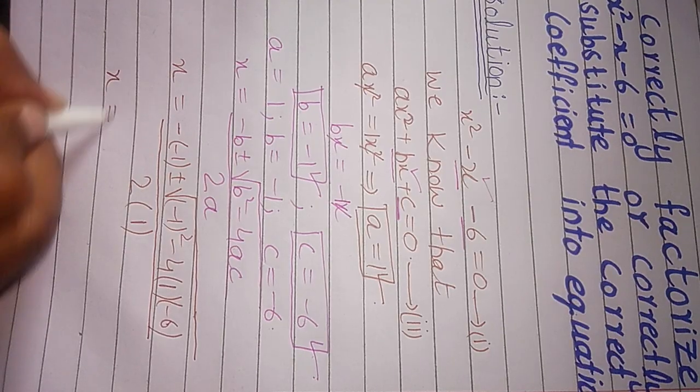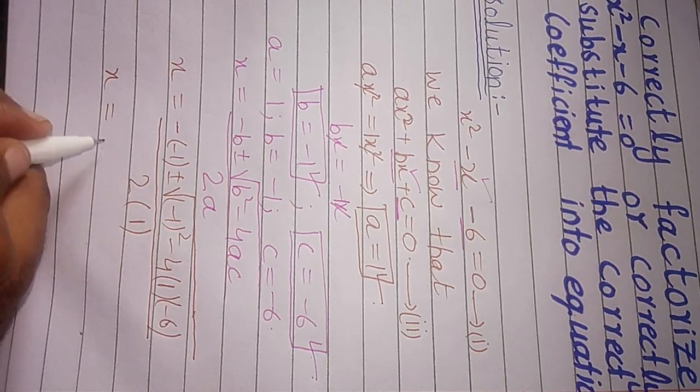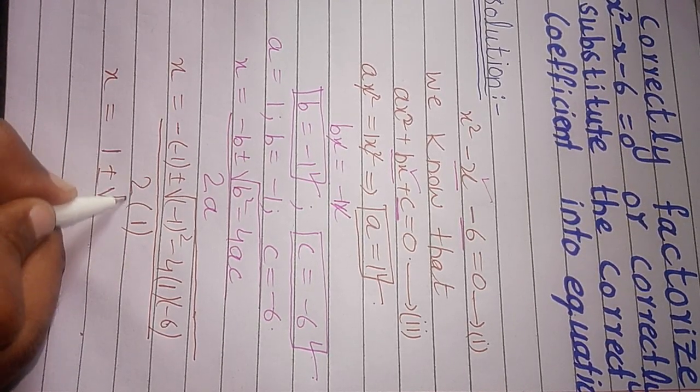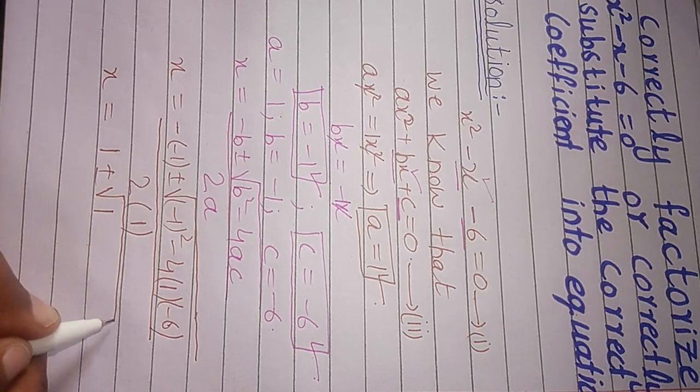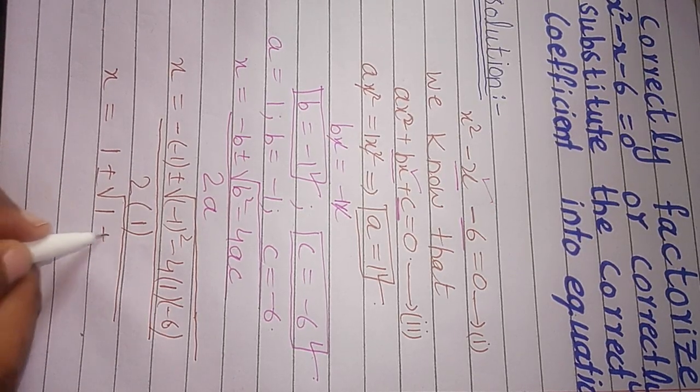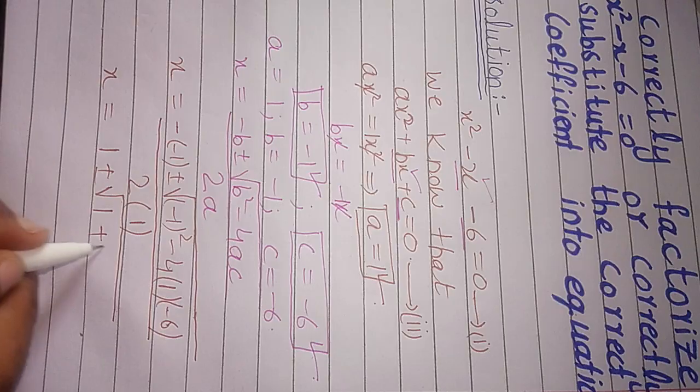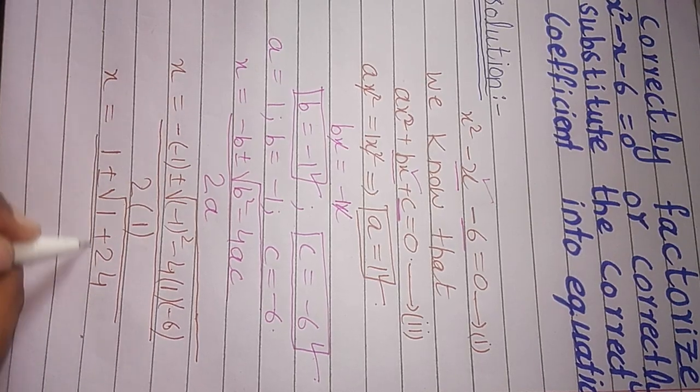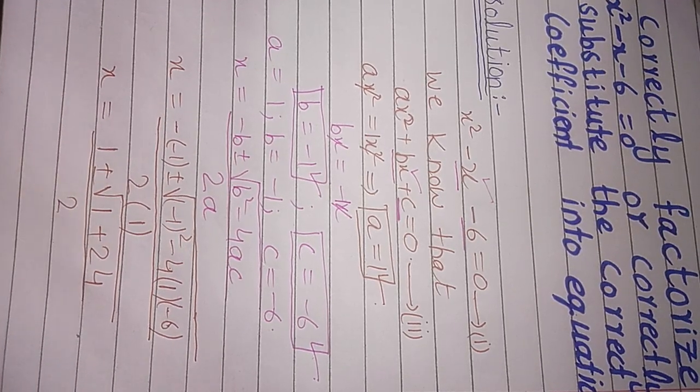So let's find again: minus minus will be plus 1, plus minus minus 1 square is 1, and minus minus plus 4 sixes are 24, and 2 ones are 2.